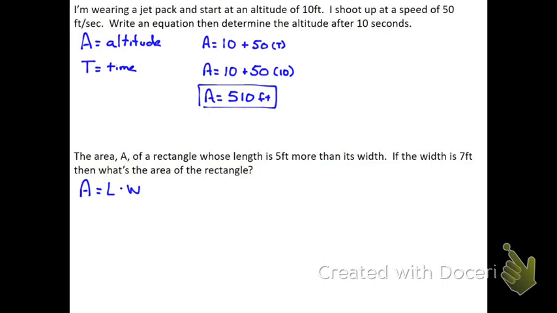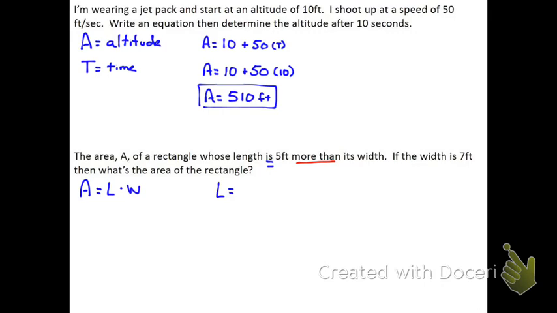If we're trying to find what our length is, as we write the equation, we would go L equals 5 more than its width. Again, we talked about this in the beginning, we've got to switch those two, the variable and the number that surrounds "more than."